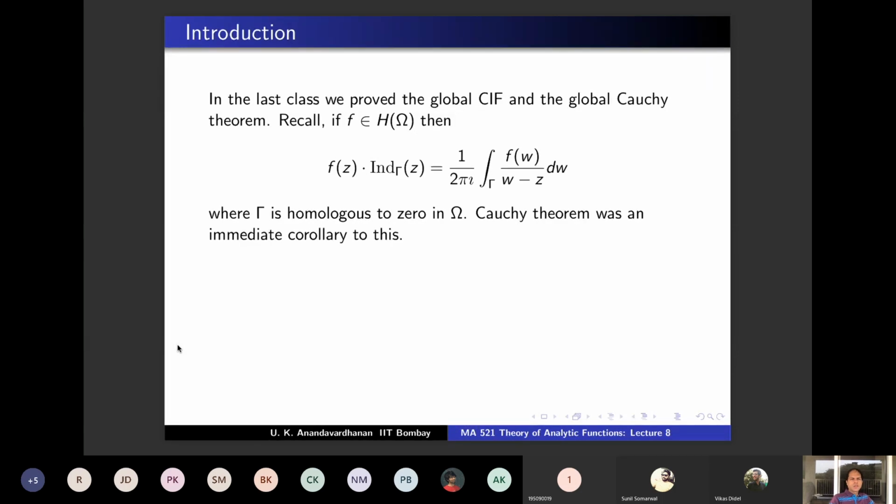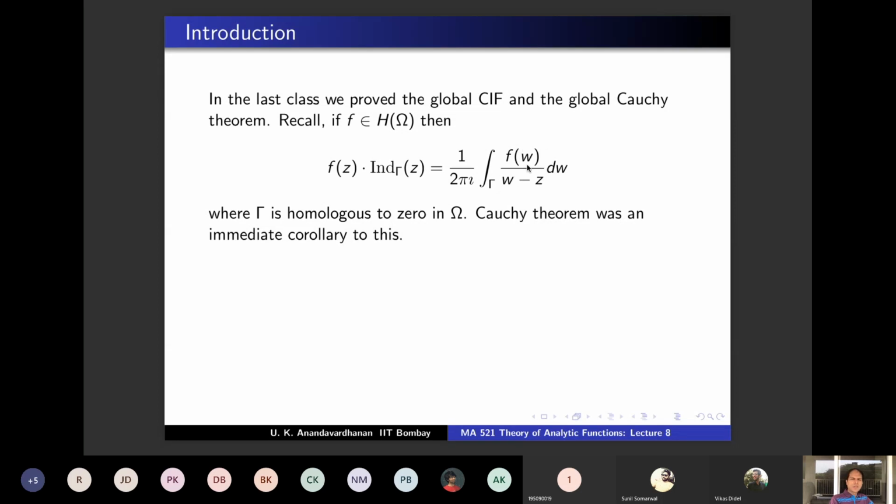Cauchy theorem was an immediate corollary to this, because if you have this small f which is holomorphic, you take capital F to be (z minus A) times f of z, for a point A. Of course that's holomorphic, a product of two holomorphic functions, and you apply this formula to that capital F. You will get capital F of A times some index, but capital F at A is 0 because z minus A is 0 at A. So this part becomes 0, and in the integral, F of w is (w minus A) times small f of w, divided by w minus A, so that cancels.